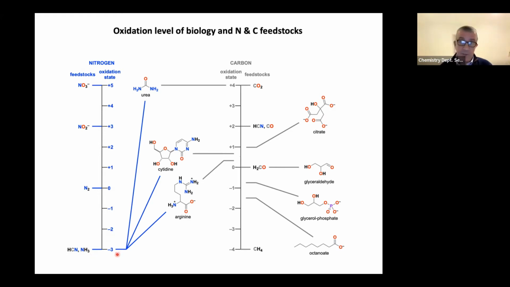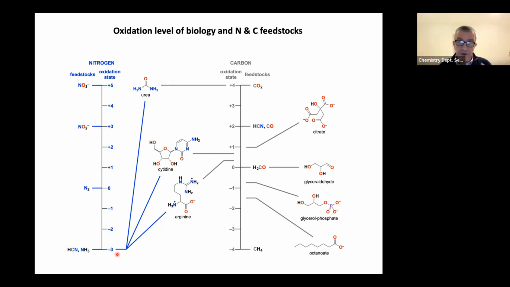Biology, of course, now accomplishes these two amazing tasks, one of fixing carbon from CO2 and the other of fixing nitrogen from N2. In the early days, of course, fixing one without the other wouldn't have been any good because biological molecules required for life require both nitrogen and carbon.